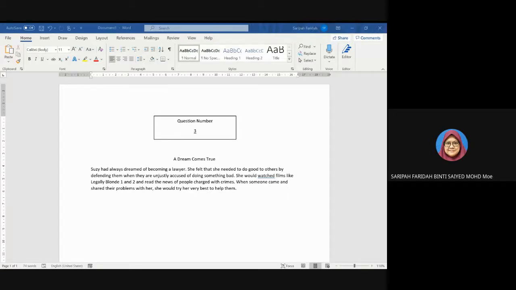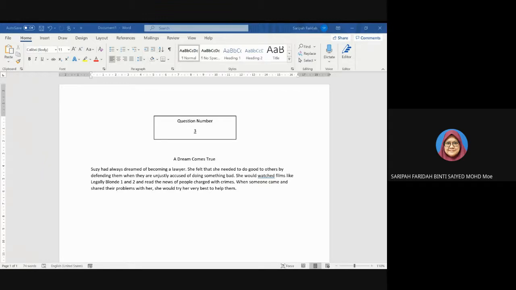Okay. The formula ni kan 200 to 250 words is for you to write cepat-cepat, for you to write 5 paragraphs tau. This is the introduction. Susie had always dreamt of becoming a lawyer. She felt that she needed to do good to others by defending them when they are unjustly accused of doing something bad.